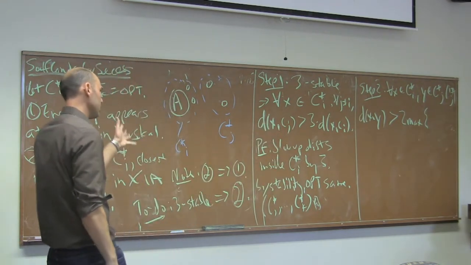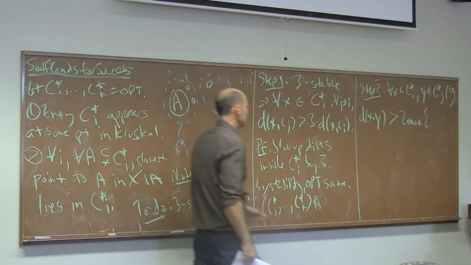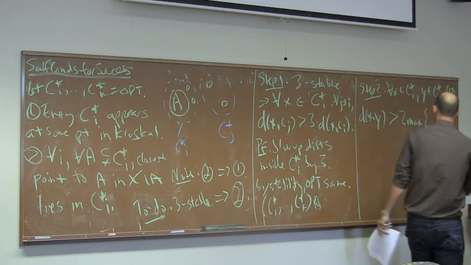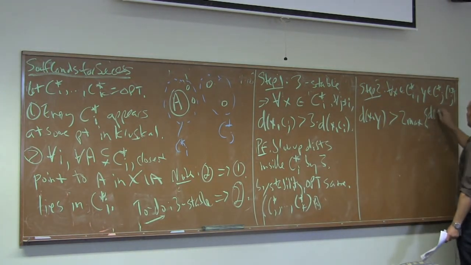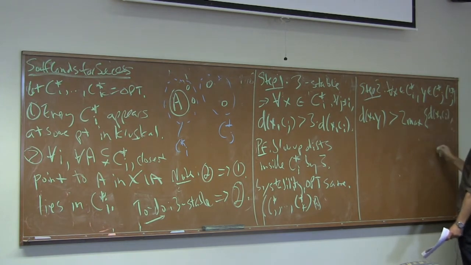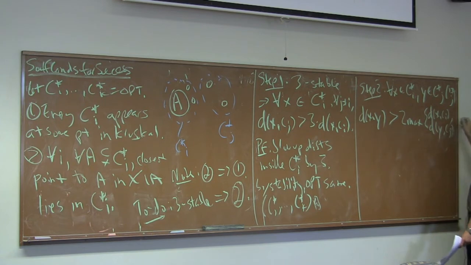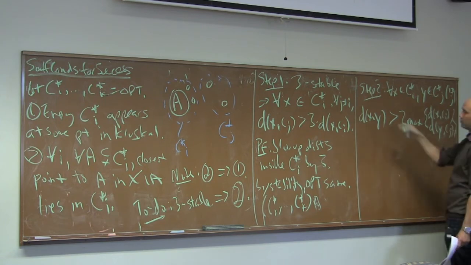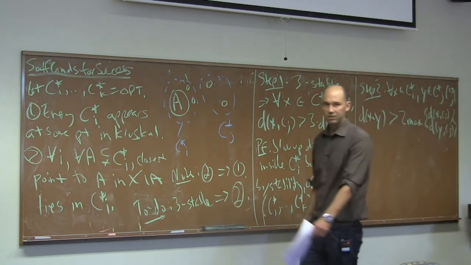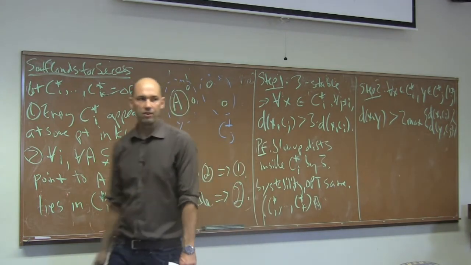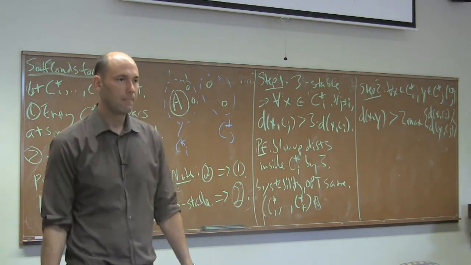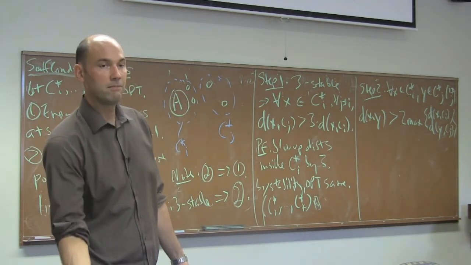So we're normalizing by distances between points and their centers. Relative to the distance between x and its center, or the distance between y and its center, the distance between x and y is way bigger than that. It's at least double the distances between either of these two points and their respective centers. So that's the claim for step 2.